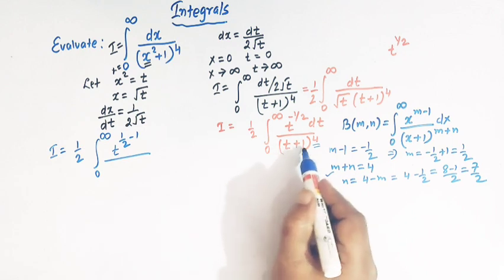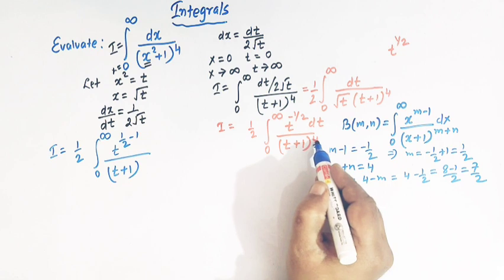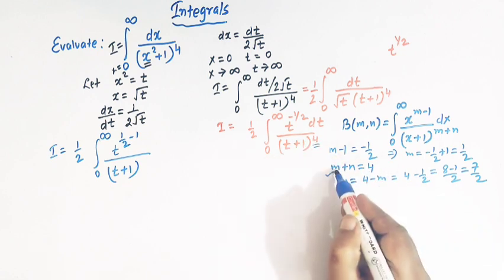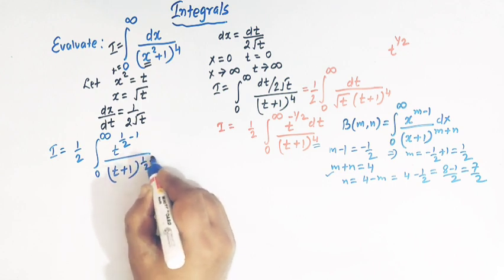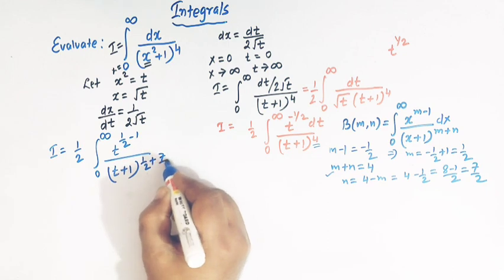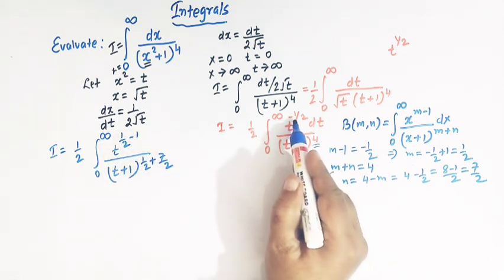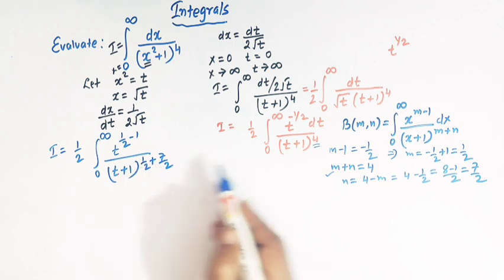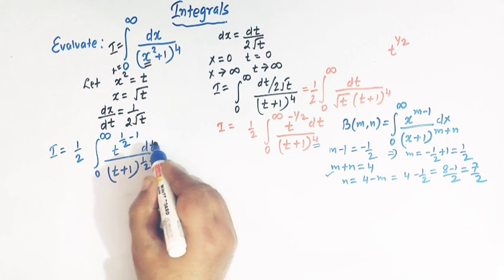And here we have t plus 1 raised to 4, and 4 is equal to m plus n. M is half and n is equal to 7 over 2, right? And we can easily verify that half minus 1 is minus half, and half plus 7 over 2 is equal to 4, right? So here we have dt.